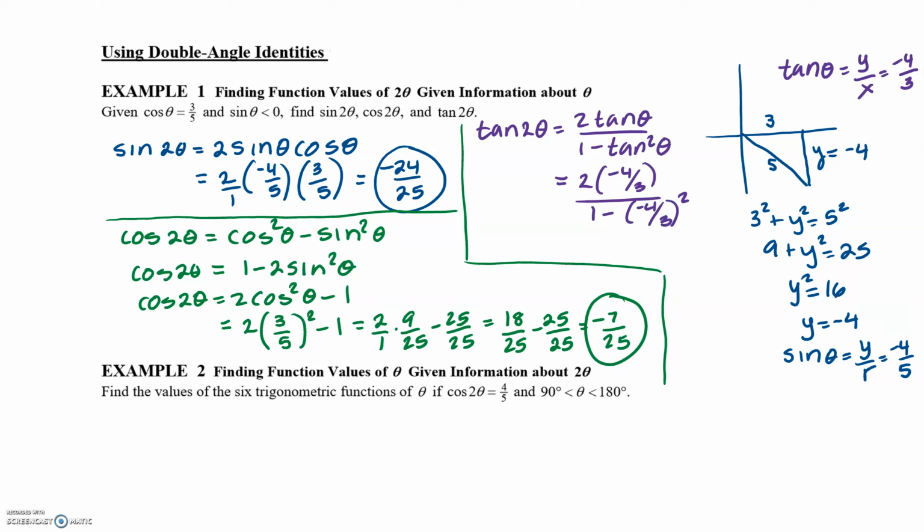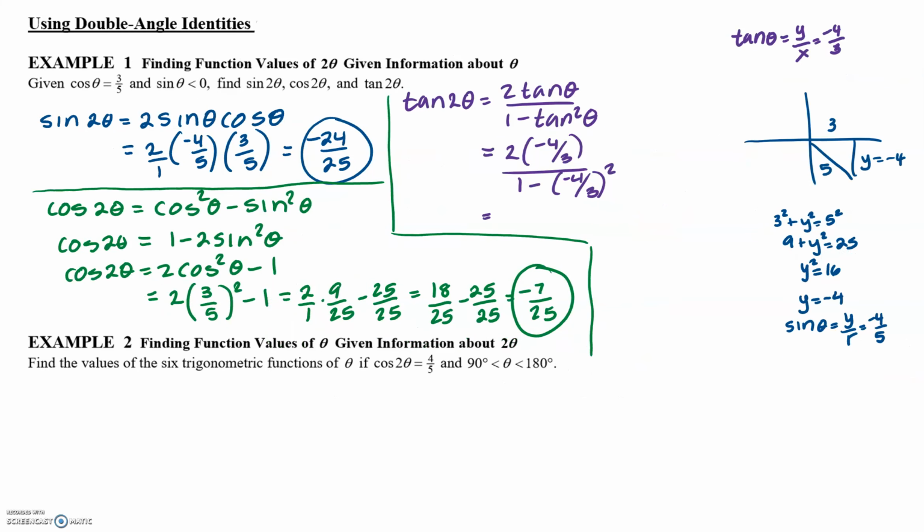What is that equal to? Put this over 1: negative 8 over 3, all over 1 minus, because that's outside the squared, positive 16 over 9, because negative 4 squared is 16. So I'm going to get rid of the double fraction by multiplying both top and bottom by 9.